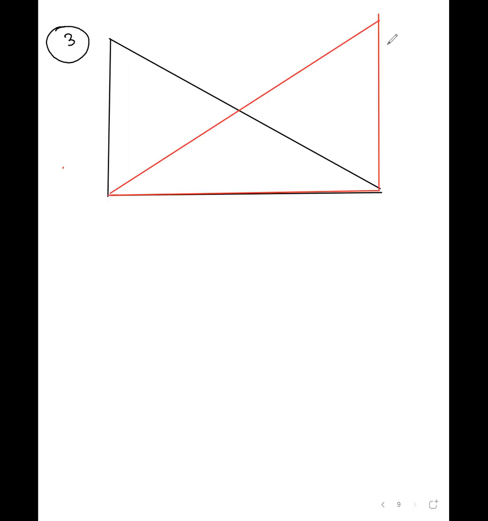Let me just name them, okay, quickly. C, A, B, and this one is D. This is equal to this. This whole side is equal to this whole side. AC is equal to BD. Okay. So what are you saying? The second one is true.